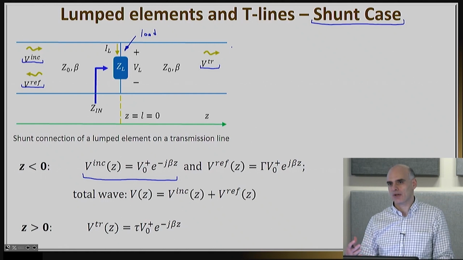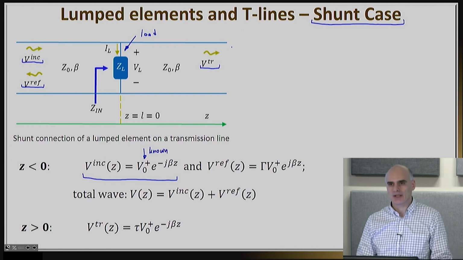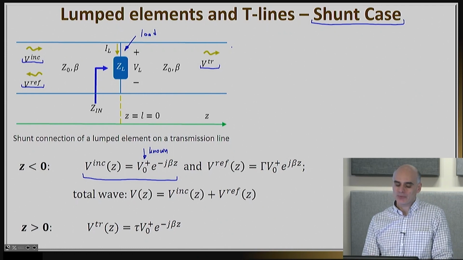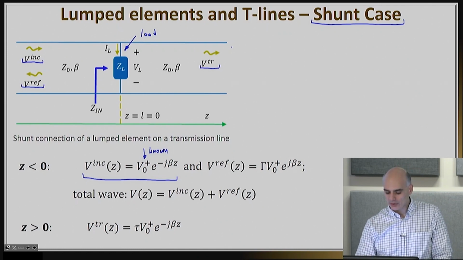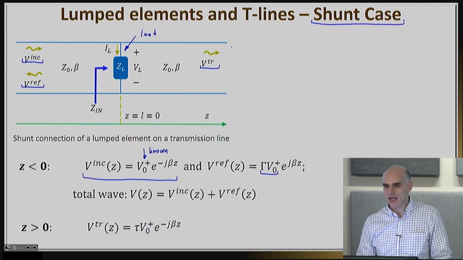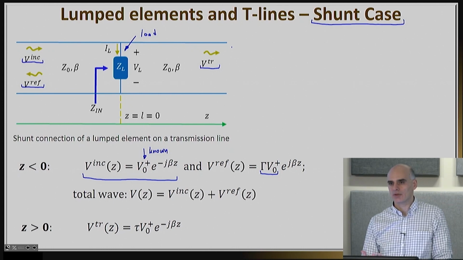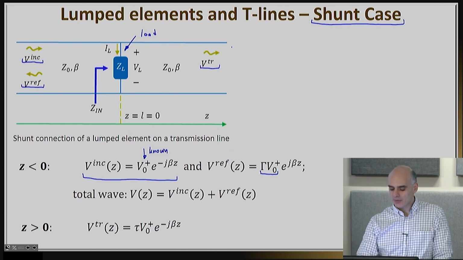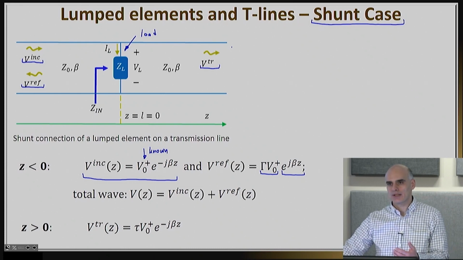We're now again in the lossless regime, where this V0 plus is assumed to be known, and it is the wave that has been launched from the left-hand side. The reflected wave is propagating towards the negative z-axis, so it's going to have a magnitude which we assume to be gamma, some type of reflection coefficient, times the incident magnitude V0 plus, and we will have the e to the j beta z, which is the phase constant as the wave is propagating to the negative z.